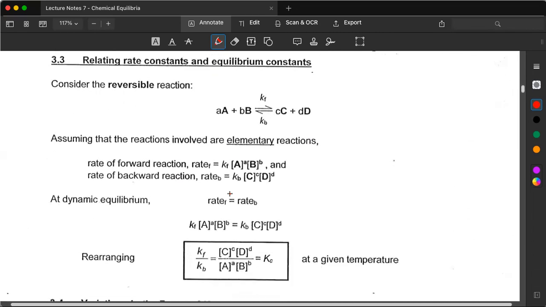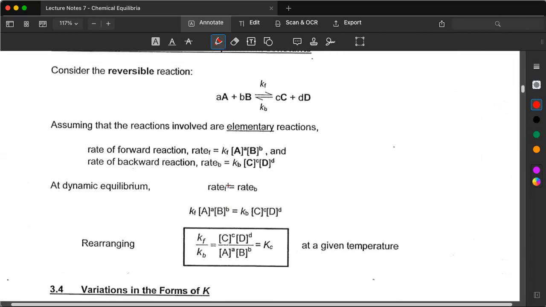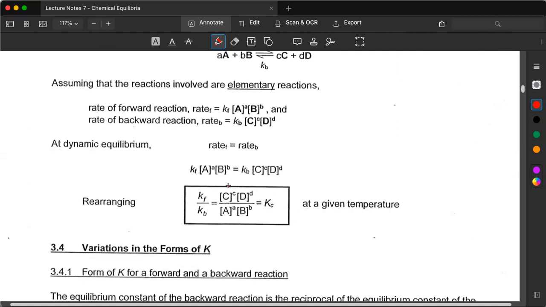I think this is what we have gone through. At dynamic equilibrium, we understand that the rate of the forward reaction and the rate of the backward reaction are equal. We can rearrange the equation to show that, but make sure that the temperature is constant.